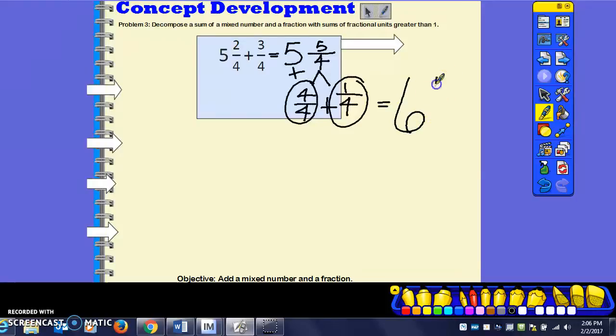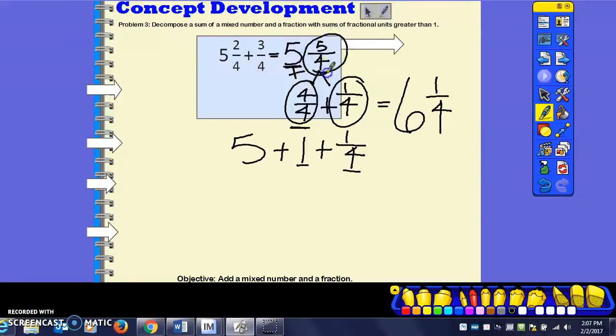And then what do I have left over? 1/4. So my 5 wholes plus another whole, because this is 1 whole, plus 1/4 equals 6 wholes and 1/4. So the only difference here is we had to change our improper fraction to a mixed number and then add it to our whole number.